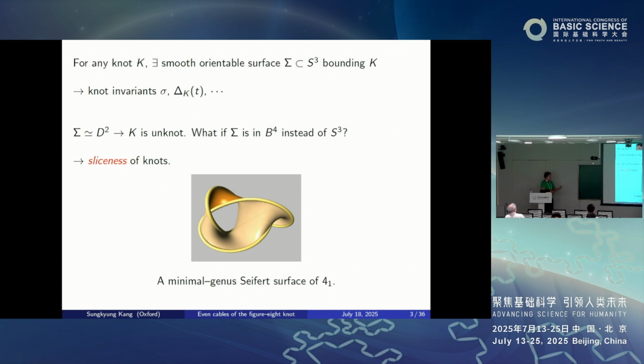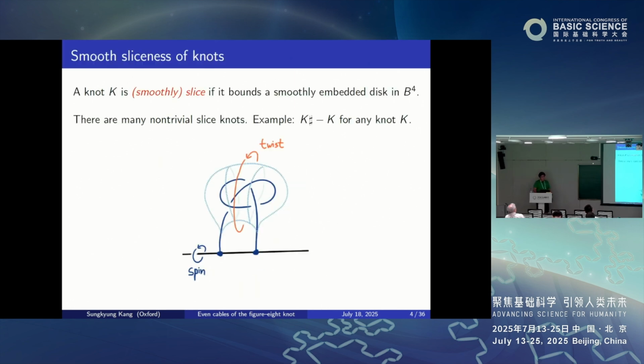Moving from three-dimensional to four-dimensional notions gives you knot concordance, the theory of knot concordances. If your knot bounds a disk inside the four-ball, we say that your knot is slice. So that gives you a definition of a smoothly slice knot: your knot is smoothly slice if it bounds a smoothly embedded disk inside the four-ball.